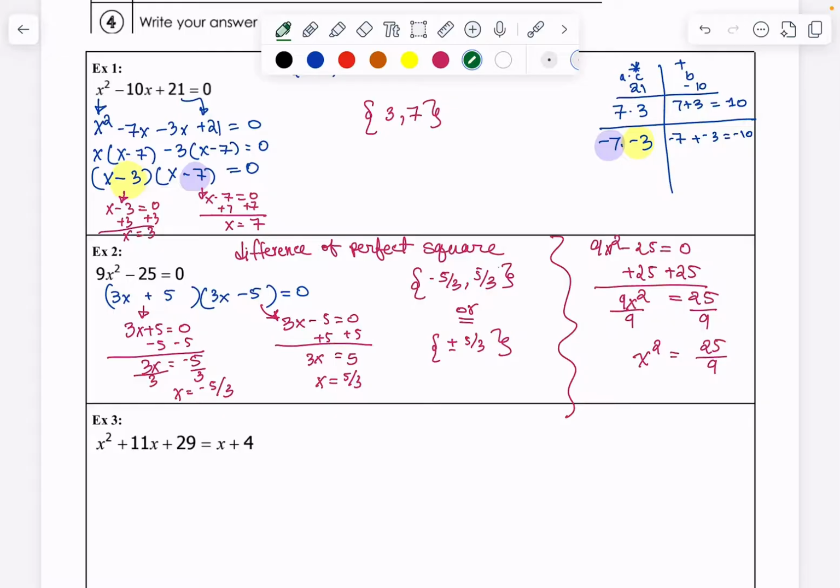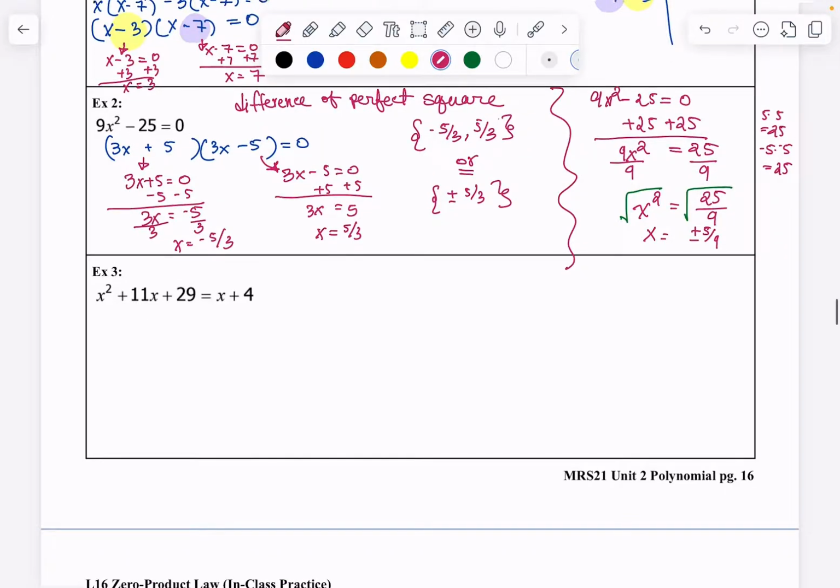And then to get rid of the exponent of 2, you take a square root. When you do that, you end up getting x is equal to positive and negative 5 over 3, because radical 25 is 5, and then radical 9 is 3. Because 5 times 5 is 25, negative 5 times negative 5 is also equal to 25. So that's why we consider both.